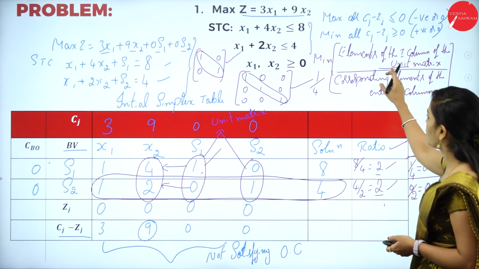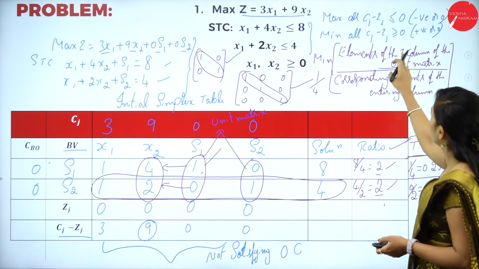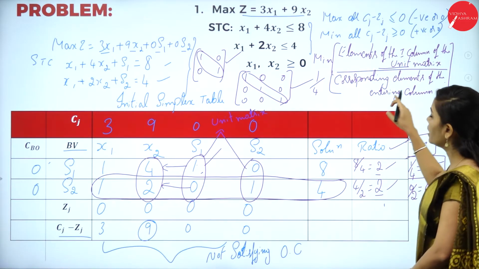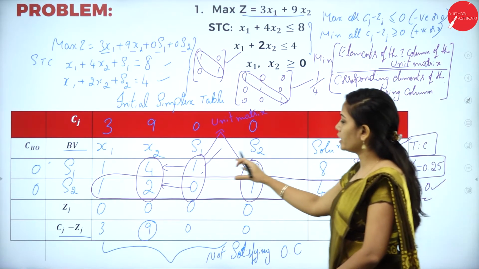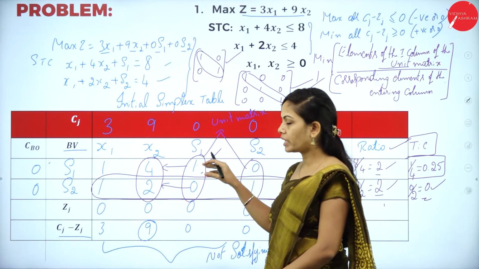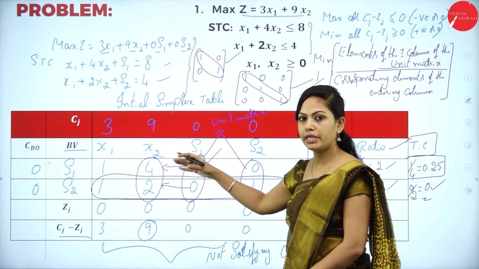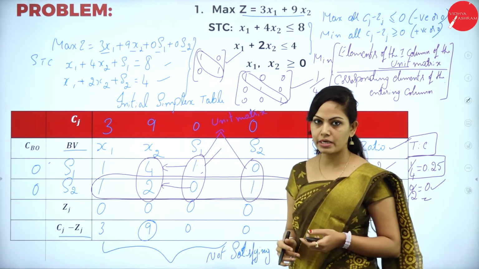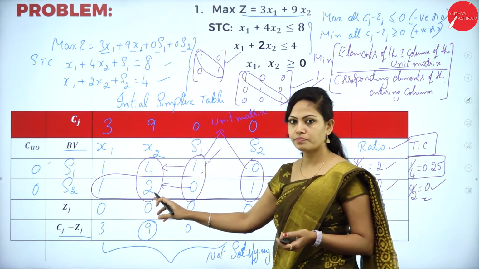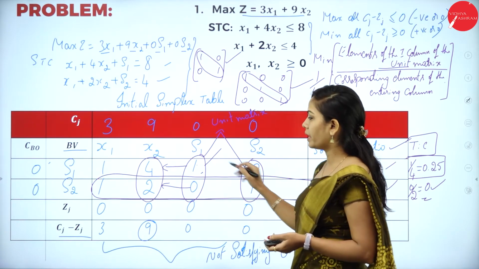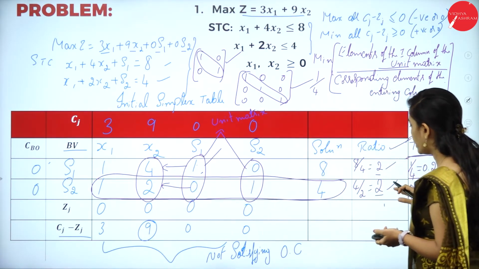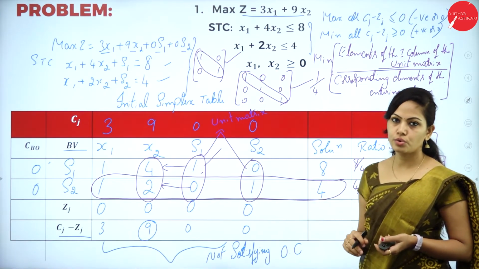So you can use this formula, min of elements of the first column of the unit matrix by corresponding elements of the entering column. So usually you will get the unit matrix, you just mark the unit matrix. If you want to take the first unit matrix, you can take it, or else you can take the second unit matrix also. So here I have taken 1 by 4 and 0 by 2. If you want to select 0 by 4 and 1 by 2, also the same thing, you will get S2 as your key row.